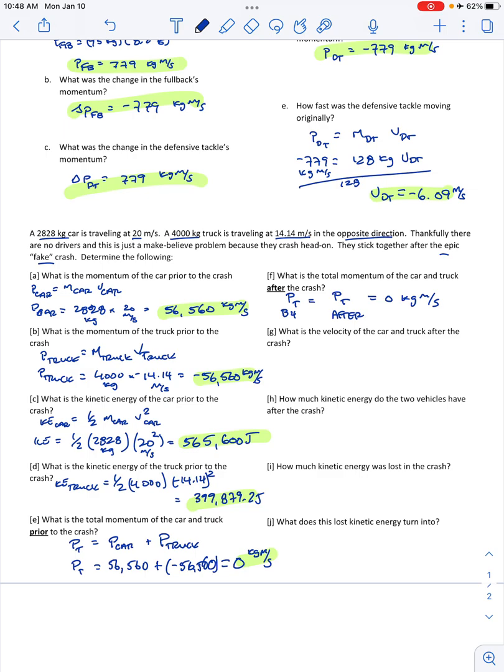So the V of both after is what we're looking for. If I know the momentum total after, that's equal to the mass of both times the velocity of both. So 0 kilogram meter per second equals 28 plus 4,000 times V of both. V of both equals 0 meters per second.